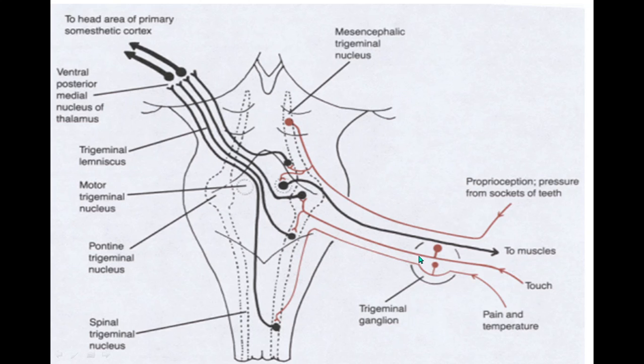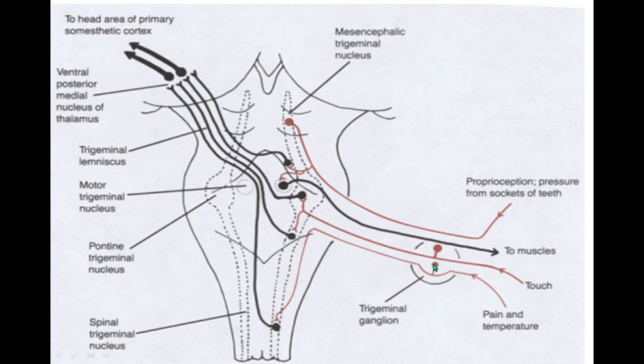Their central process, that is the point here, their central process runs through the sensory root of the trigeminal nerve, and they end in the principal sensory nucleus and the spinal nucleus of the trigeminal nerve, but not the mesencephalic nucleus. Very important.